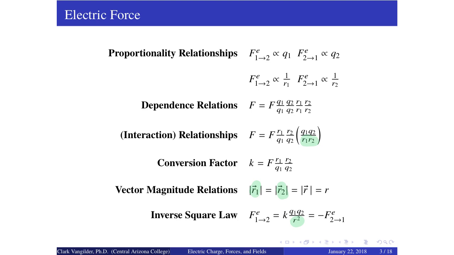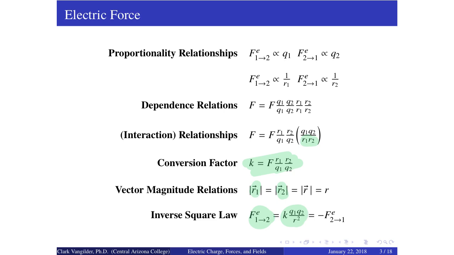But anyways, this law, the electric force of 1 on 2, is going to be this constant K that we derived, if you will, times the product of charges over the distance between them squared. This is a magnitude. If it were a vector, I'd have to have a unit vector, and we'll show that later. So I'm just trying to keep it as basic as it can be in terms of our lawmaking scheme from last semester.